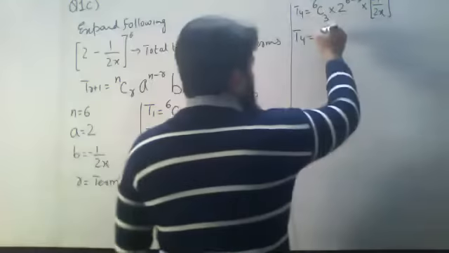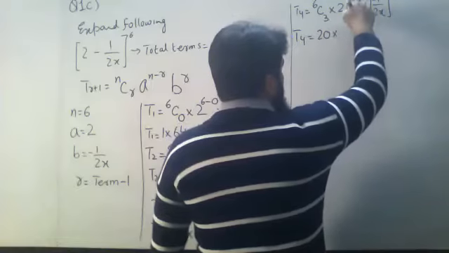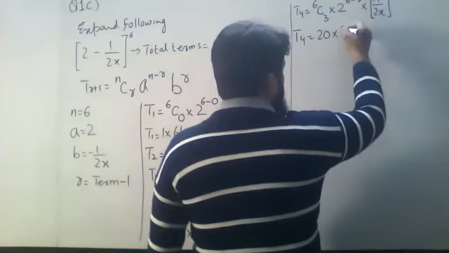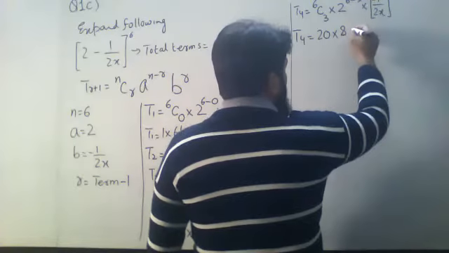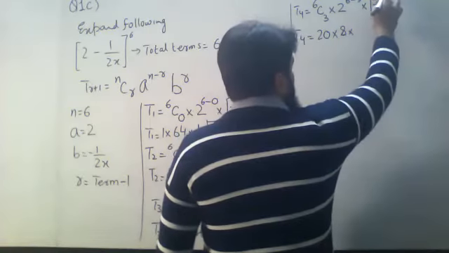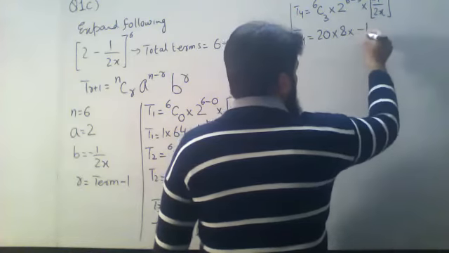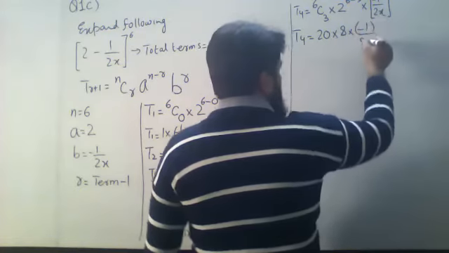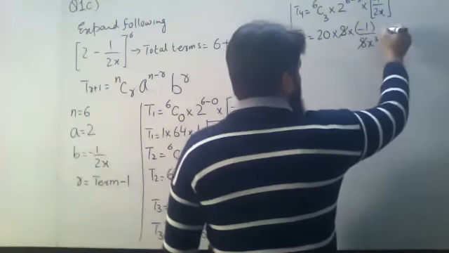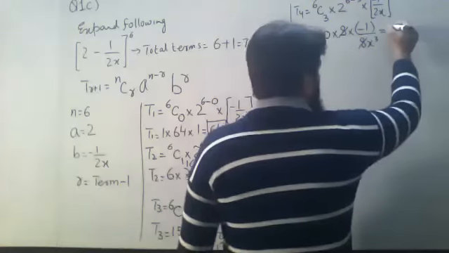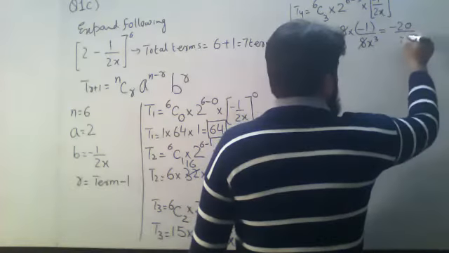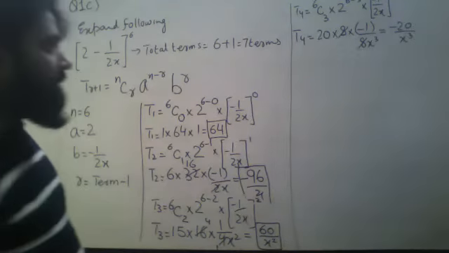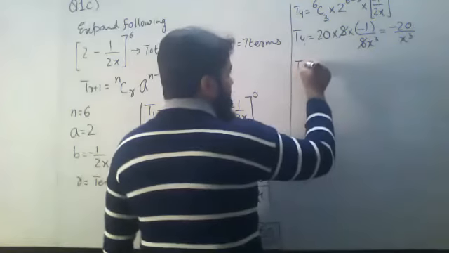So 6C3 is 20 into 2 cube, and 2 cube will be 8. Power is odd, minus will remain, minus 1 over 8x cube. 8 and 8 will be cancelled, so this will be minus 20 over x cube. Okay, that's my T4.